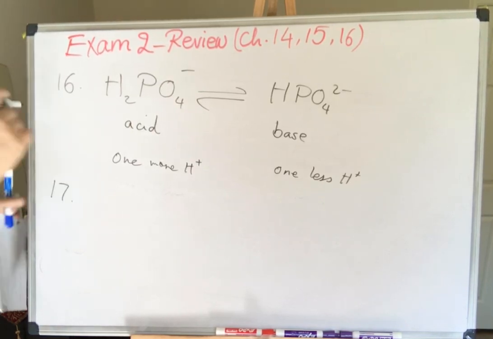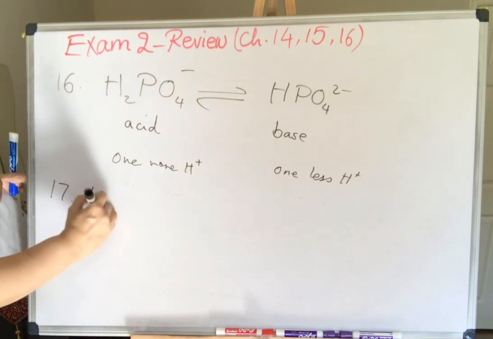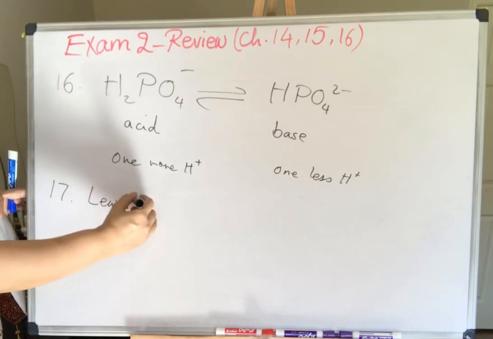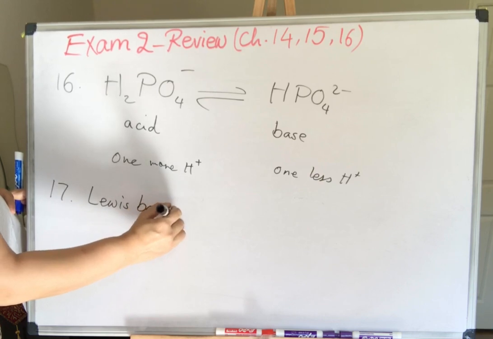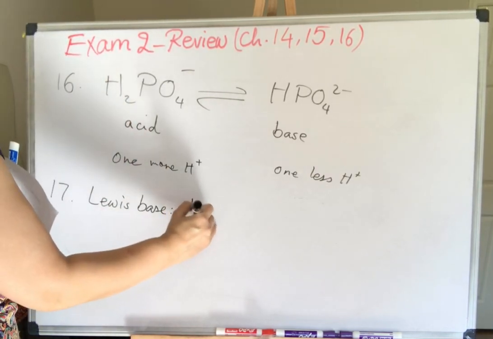Question number 17. Which of the following species cannot act as a Lewis base? What is the definition for Lewis base? You need to know the definitions for these three theories really well by heart. It's not given. Lewis base is the electron pair donor.